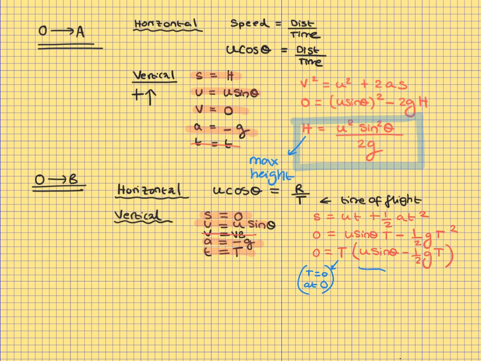And then the other alternative is that u sine theta minus a half gt equals 0. And what we're going to do is rearrange this result so it gives us a result for t. So t is equal to 2u sine theta all over g. And we now have established a general result for the time of flight.